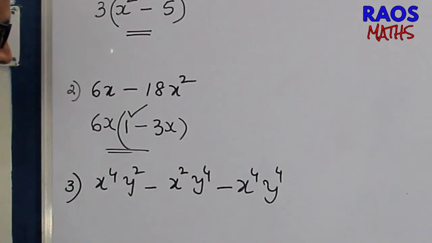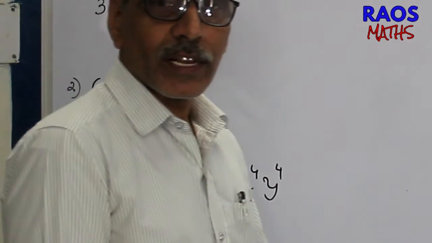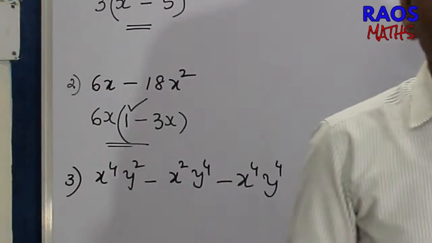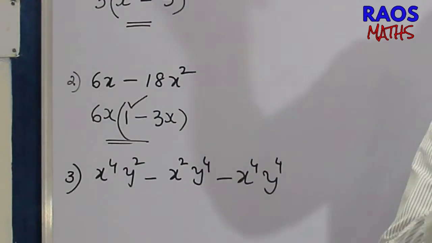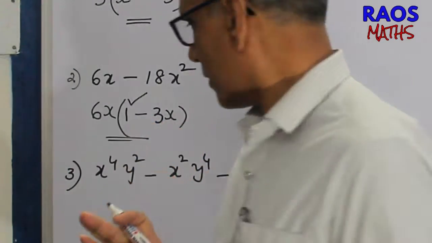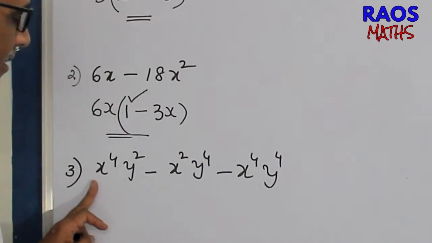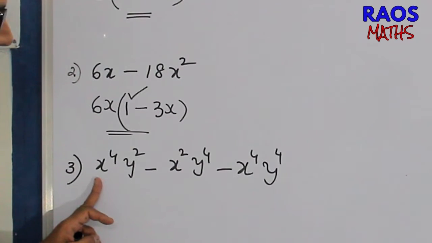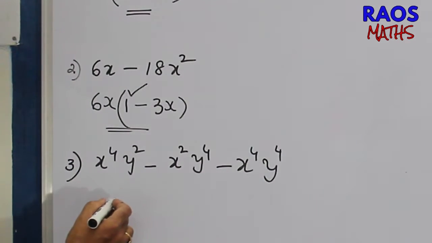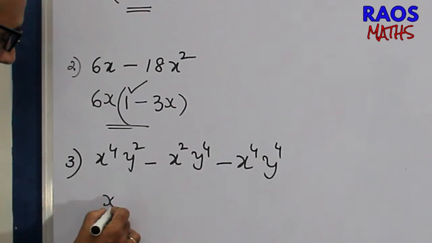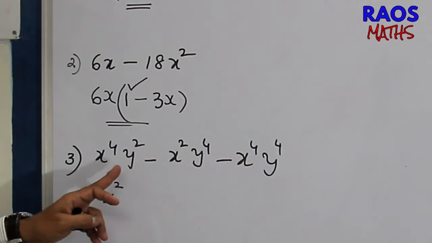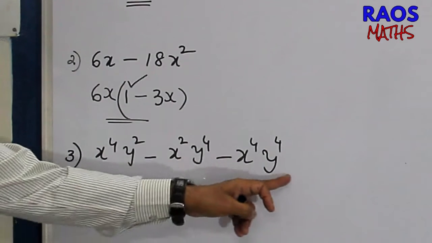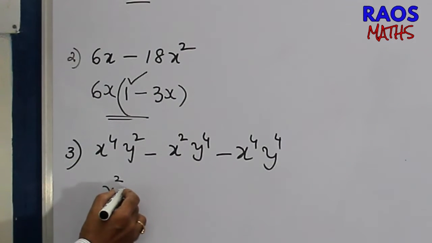And third, we have 2 variables in this trinomial, x and y. We know the HCF of a variable is the least power of the variable. For x, the least power of x throughout is x square. I take x square for x, and for y, the least power is y square.